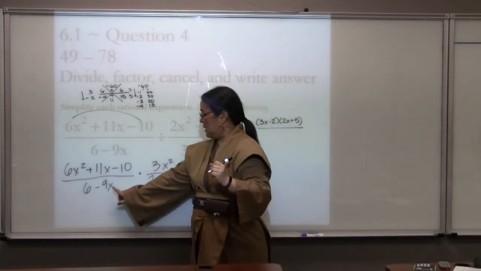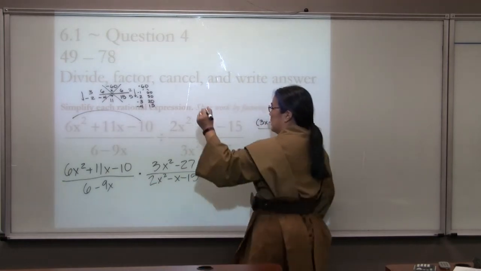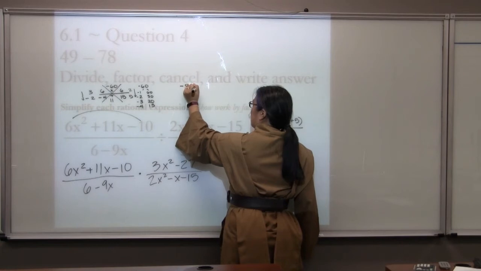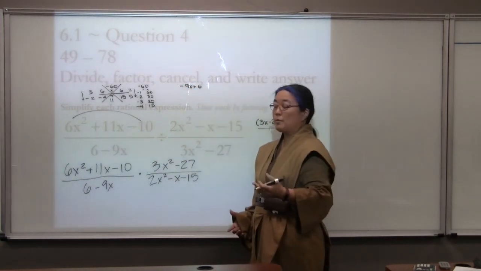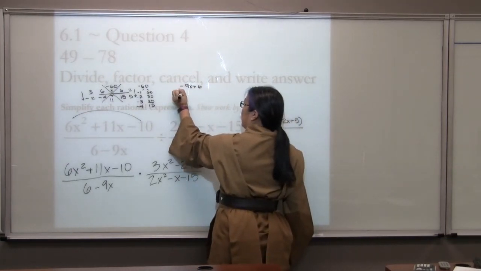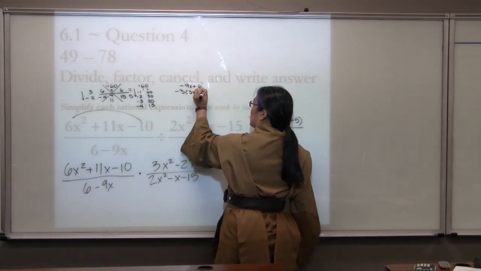This one here, I can actually change the order of that around from 6 minus 9x to negative 9x plus 6. You remember that we wrote them in descending order by degree in chapter 5. And since it now has a leading negative, we want to factor out the negative 3. And we're left with 3x minus 2.